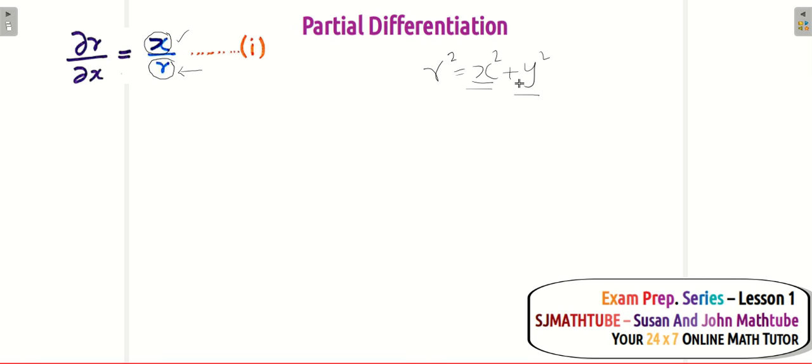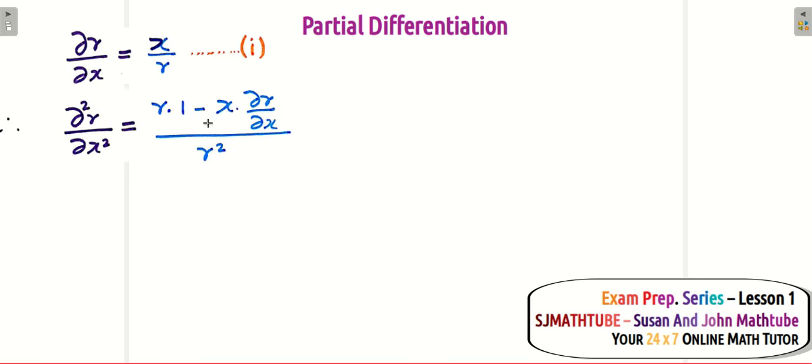So even though you are not able to see x in the denominator, there is x. So if you want to find the second order derivative, you must apply quotient rule. This is very important. So denominator into 1 minus numerator into partial derivative with respect to x, the whole divided by r square.